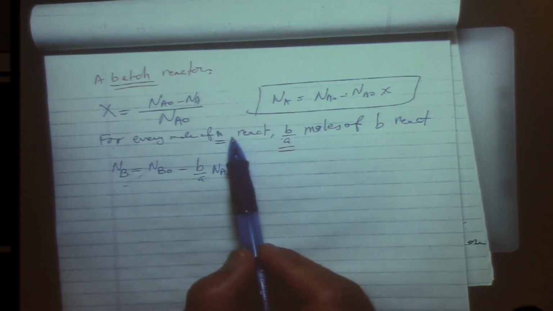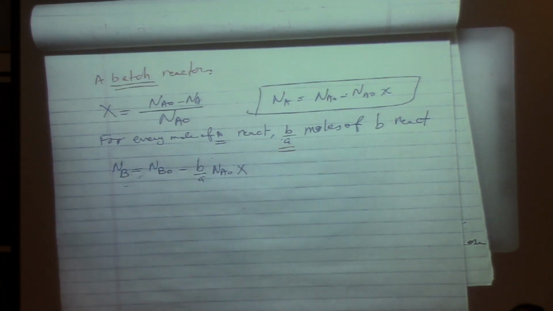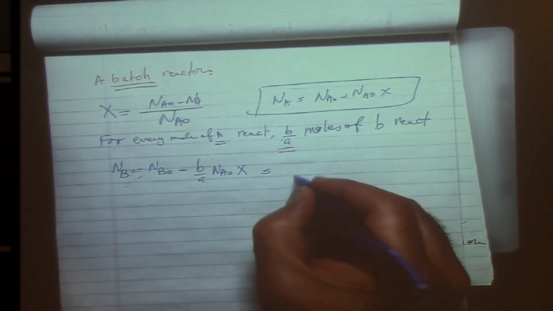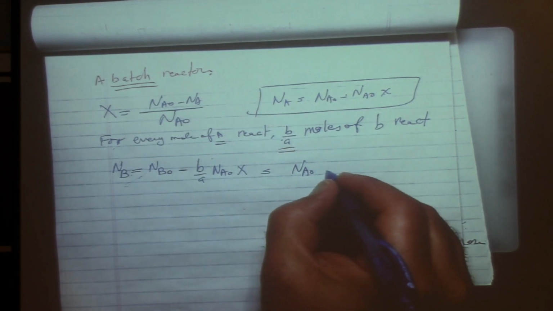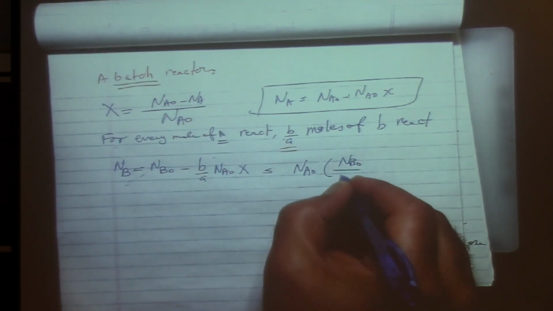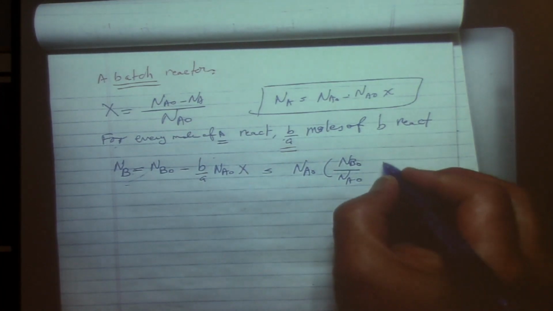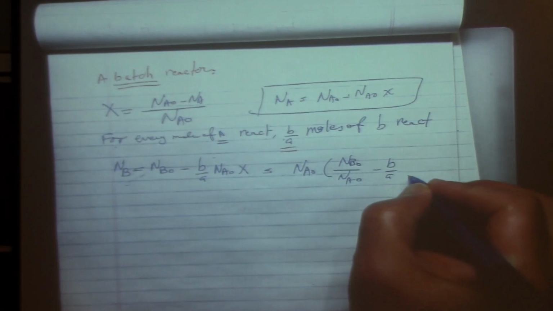Because for each mole of A, b/a mole of B is consumed. So that would be NA0 times NB0 over NA0, if you factor out the NA0, minus b/a X.